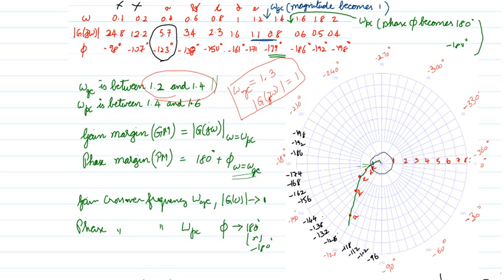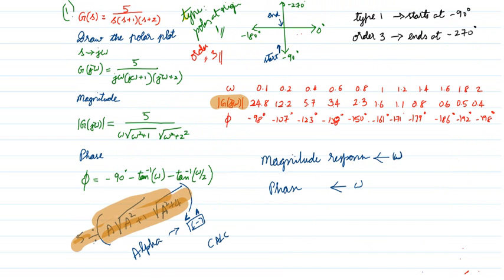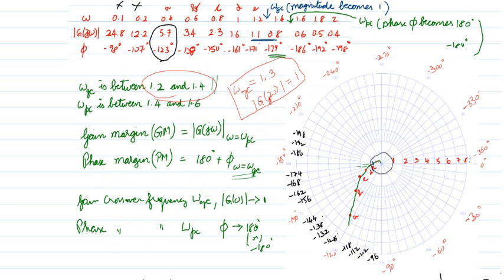Similarly, type the phase angle expression. It is minus 90 degrees minus tan inverse of omega minus tan inverse of omega by 2. In the calculator, omega pc is between 1.4 and 1.6. So I put 1.5 and get minus 183 degrees.